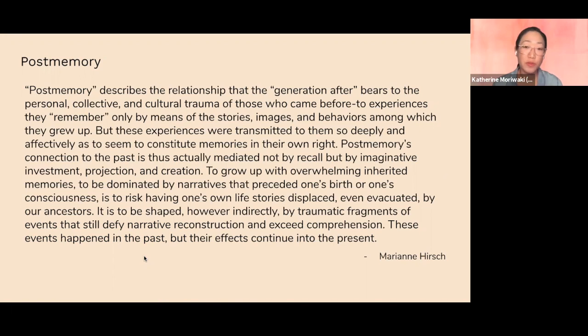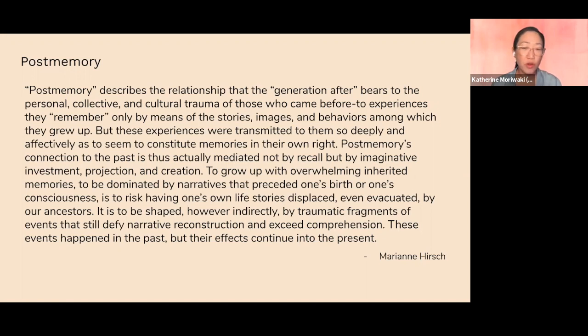Post-memory describes the relationship that the generation after bears to the personal, collective, and cultural trauma of those who came before, to experiences they remember only by means of the stories, images, and behaviors among which they grew up. But these experiences were transmitted to them so deeply and effectively as to seem to constitute memories in their own right. Post-memory's connection to the past is thus mediated not by recall, but by imaginative investment, projection, and creation.